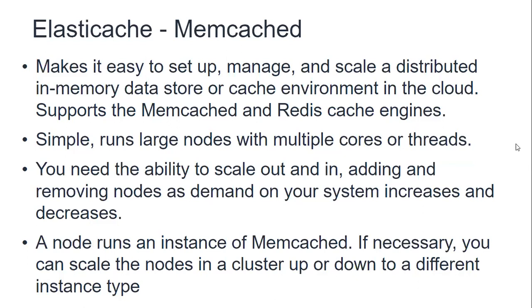ElastiCache. So with ElastiCache, you have 2 different caching solutions, Memcached and then Redis. If you want a simple setup, you use Memcached. If you want something more complicated and want to do things like streams and pub/sub, you use Redis.